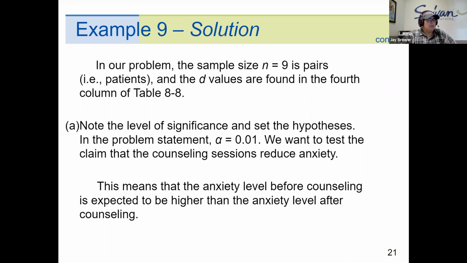Note the level of significance and the hypotheses in this problem statement: alpha equals 0.01, and we want to test the claim that the counseling sessions reduce anxiety. This means that the anxiety level before counseling is expected to be higher than the anxiety level after counseling.